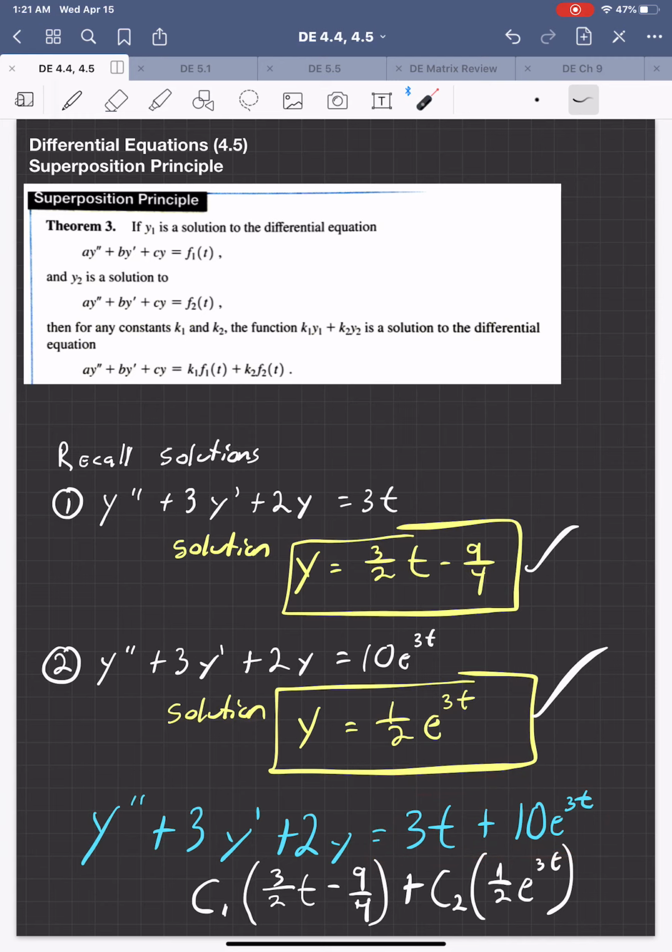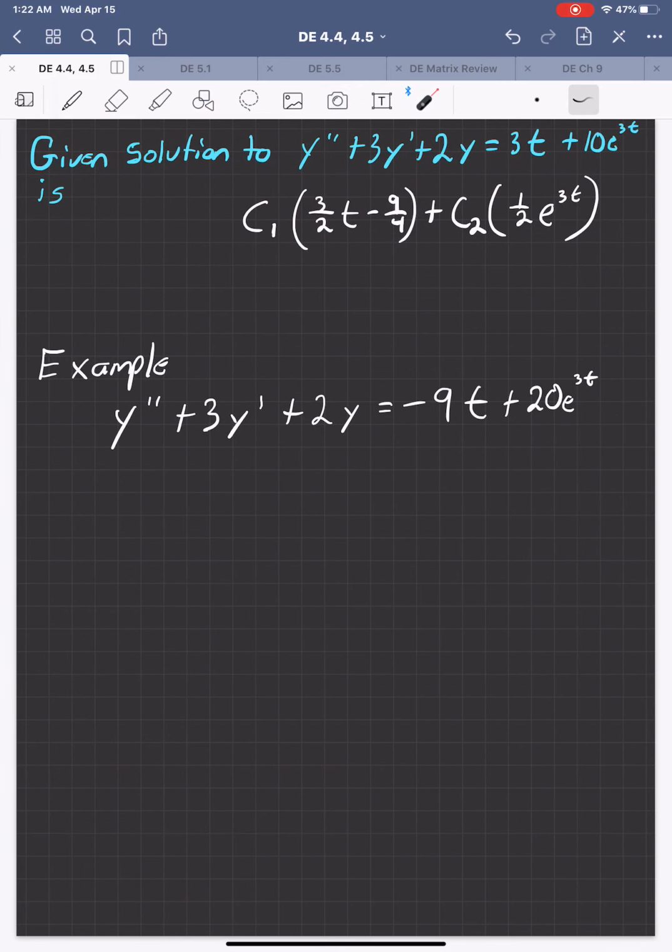Since you've already done the work to find the solutions here, I can show you how to use the previous work to find the solution to a differential equation that's very similar in form. Take a look at the following. Notice that we still have y double prime plus 3y prime plus 2y, just like before. Only now, instead of 3t, we have negative 9t, and instead of 10e to the 3t, we have 20e to the 3t.